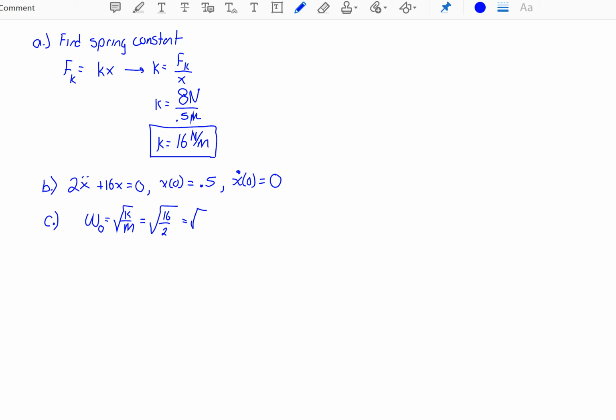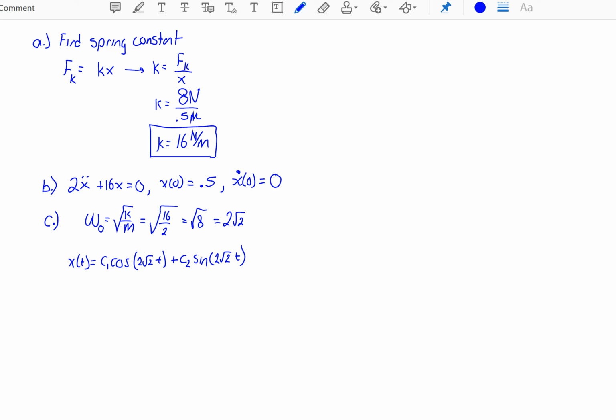So we have the square root of 8, which you should have written as 2 root 2. From here, we could then write our general solution, x of t, as C1 cosine of 2 root 2t plus C2 sine of 2 root 2t.